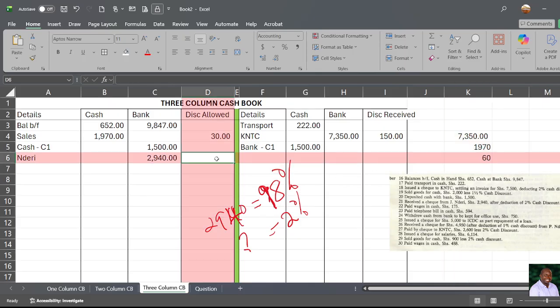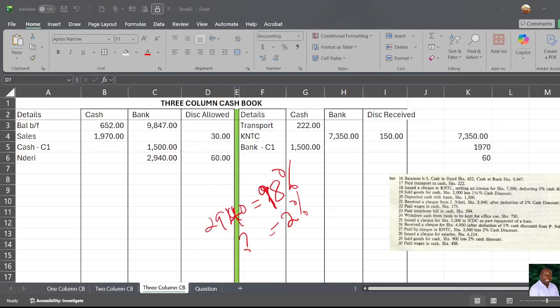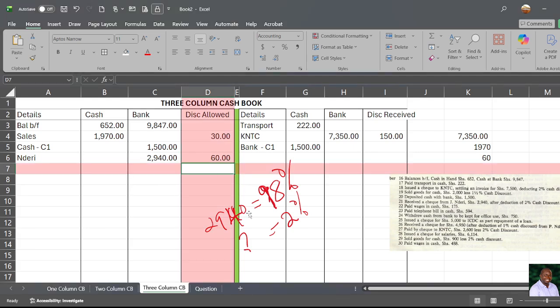So here the discount allowed is 60. That is how we get that. So let me delete, then we continue.